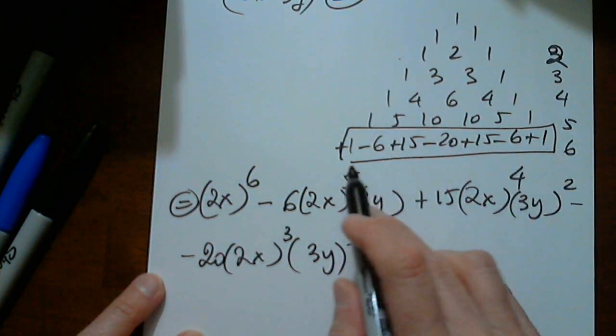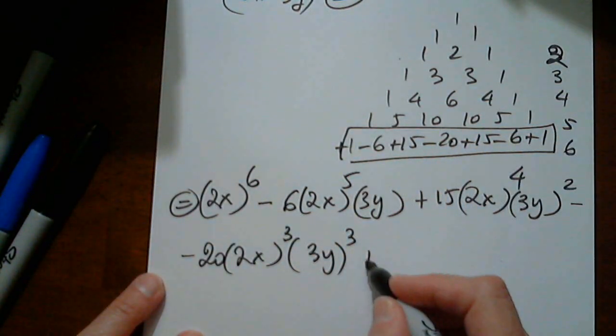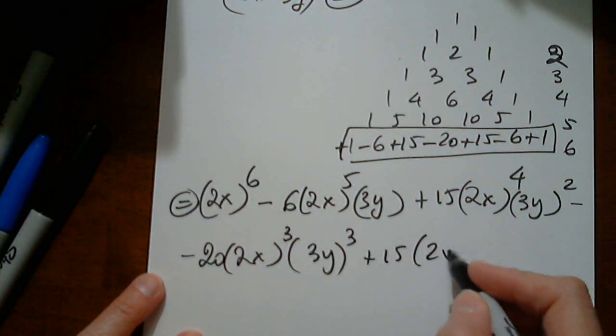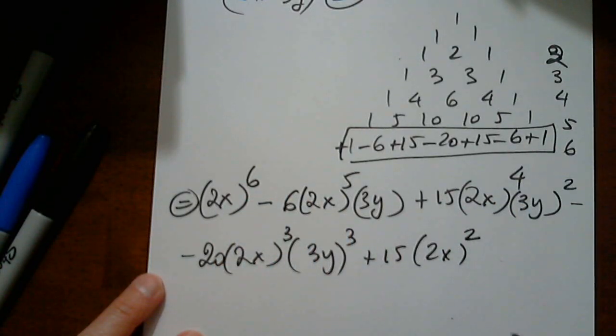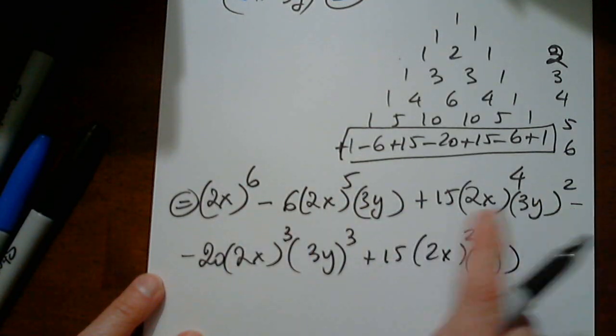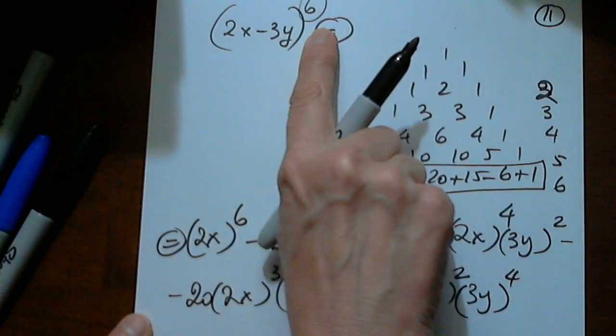I'm here. 1, 2, 3, 4, 5. So I'm here. 15. 2x from 6 to 5 to 4 to 3, now to 2. Then 3y from nothing to 1 to 2 to 3 to 4. 2 plus 4 equals 6.